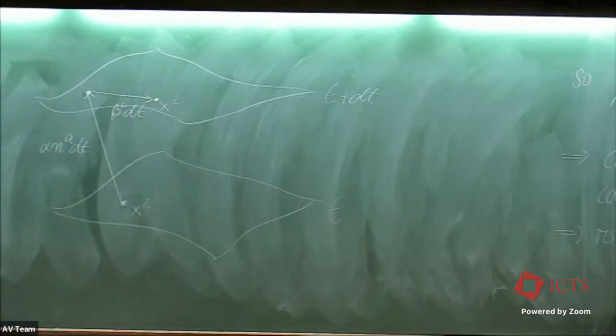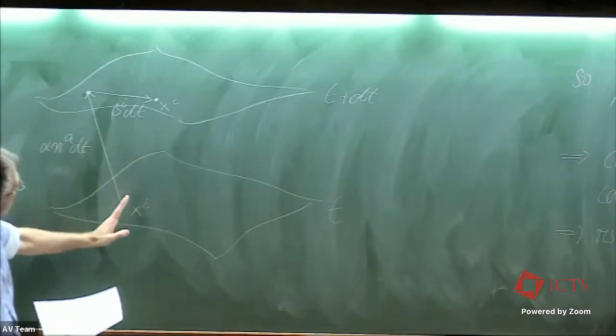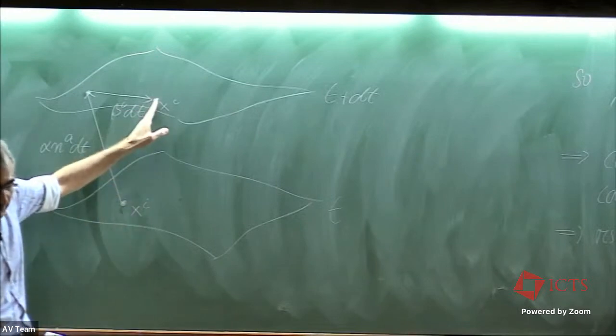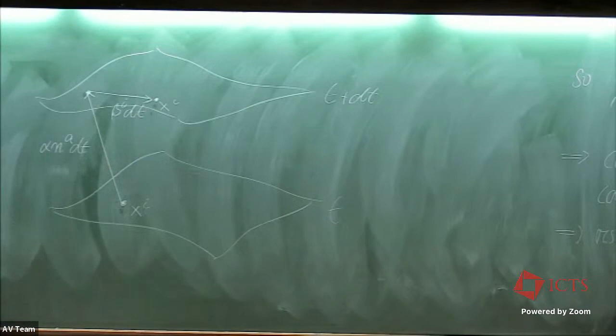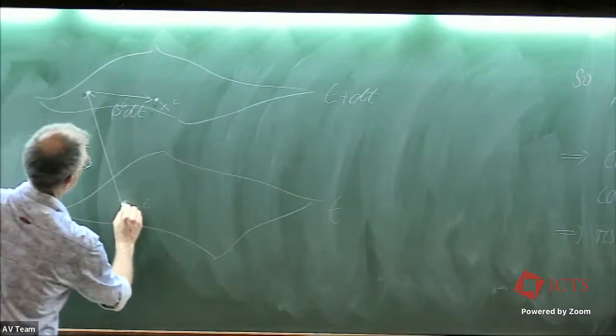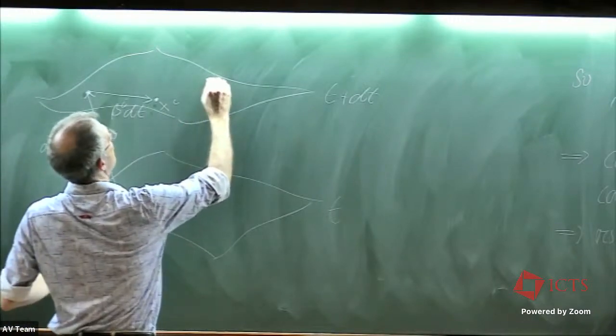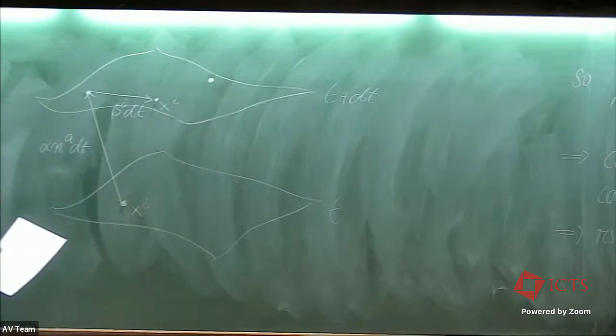Okay, right? So now, basically, this would be the path that would take me from the same spatial coordinates in one slice to the next. But of course, we may also want to measure the proper distance between two space-time events that have different spatial coordinates, maybe this event and that event.